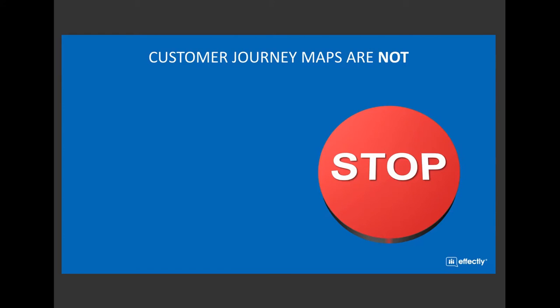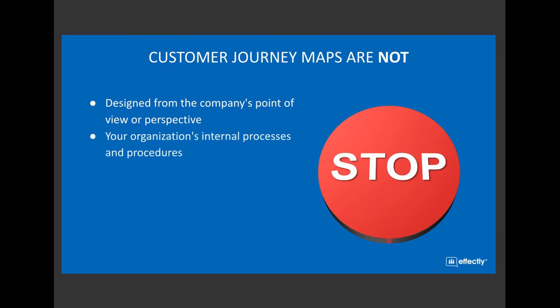You have worked with process maps, and the difference here from our perspective is that process mapping is about the company. Journey mapping is about the customer. Process mapping is about operational efficiency. And journey mapping is about customer experience and operational efficiency.